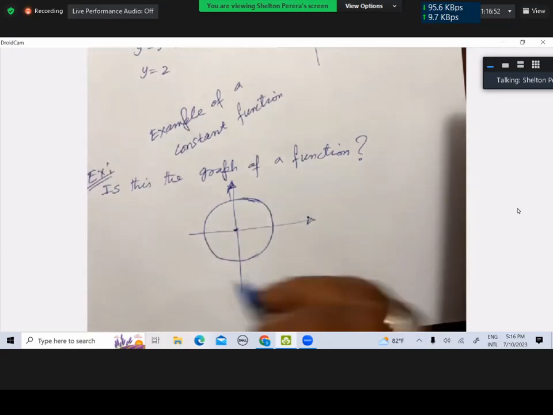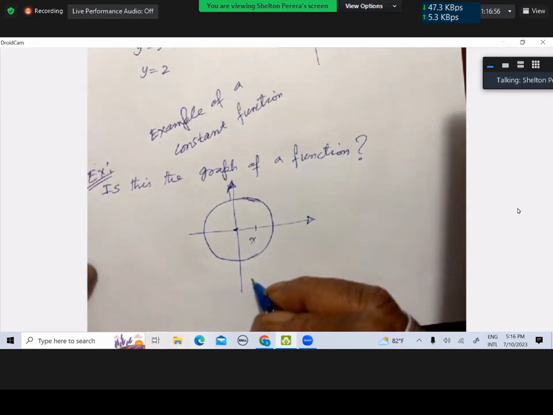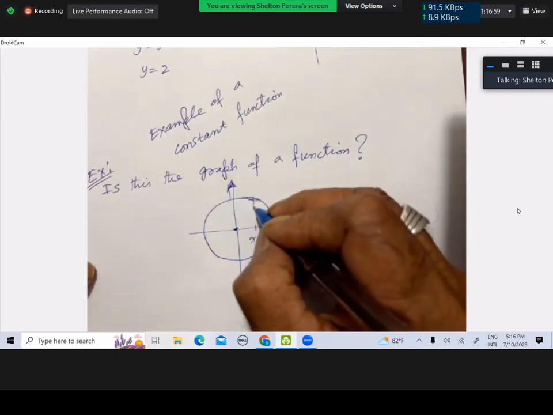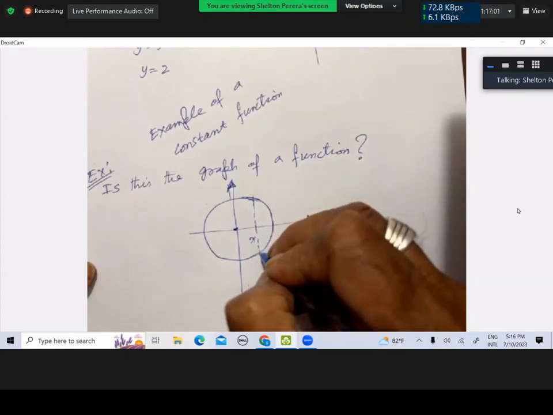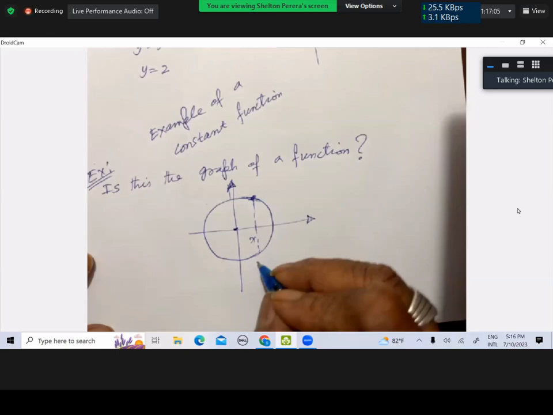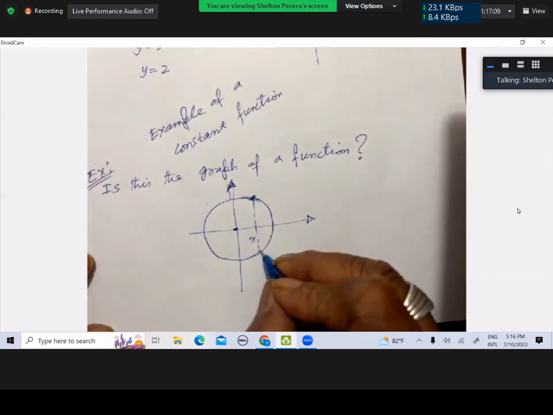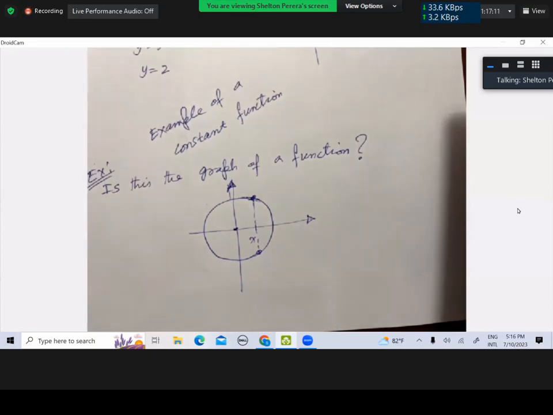Can this be the graph of a function? Take x here, input x. How many outputs are there? Here, here? Two outputs.